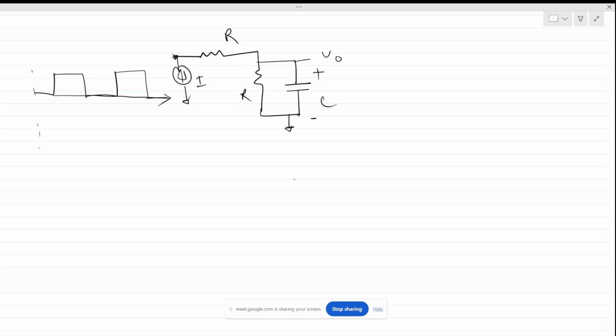And we are talking about the time constant of this circuit being very less than this time period, for our easy analysis.